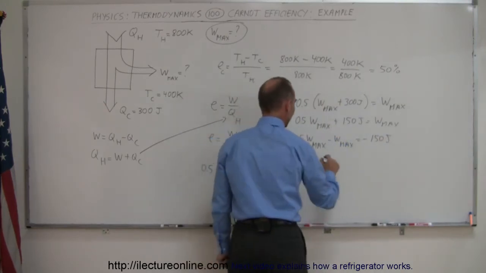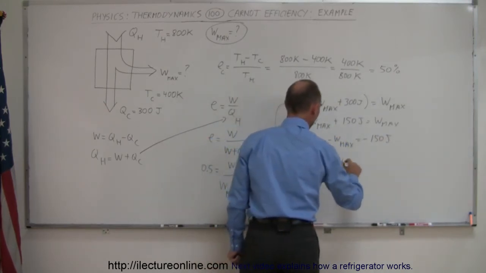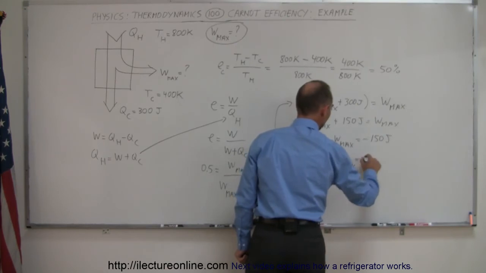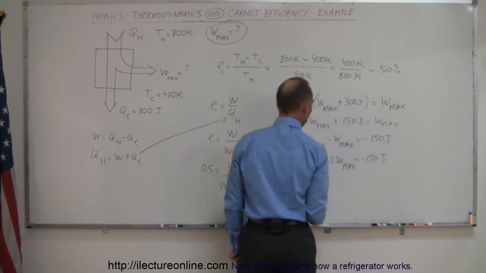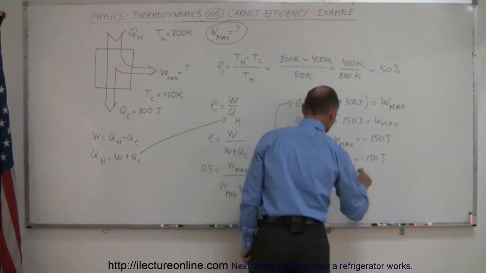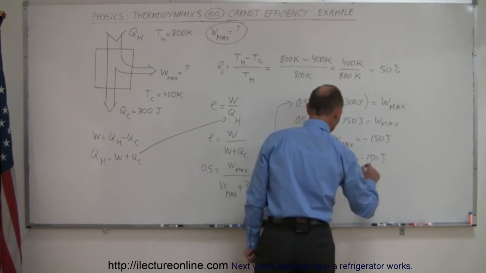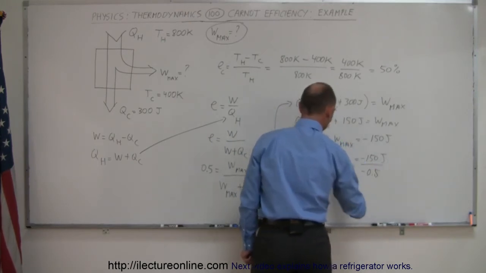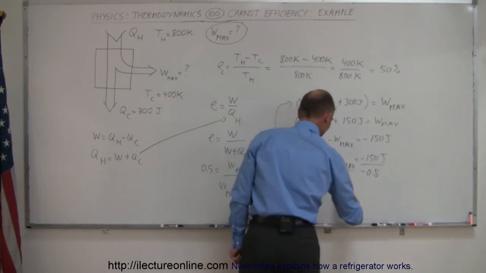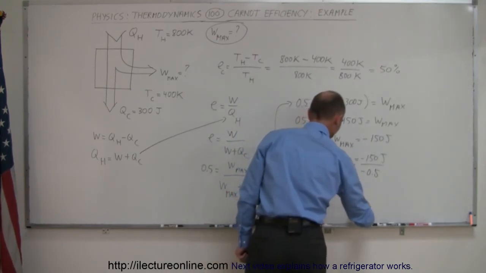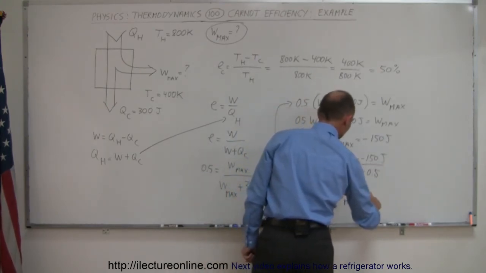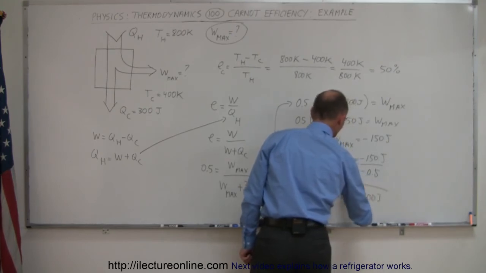We combine these, so we have minus 0.5 work max is equal to minus 150 joules. Then we should divide both sides by minus 0.5. This cancels out, and so we have work max is equal to a positive 300 joules.